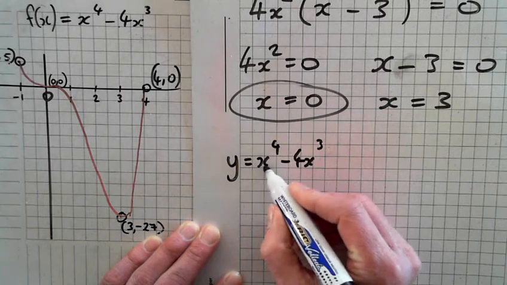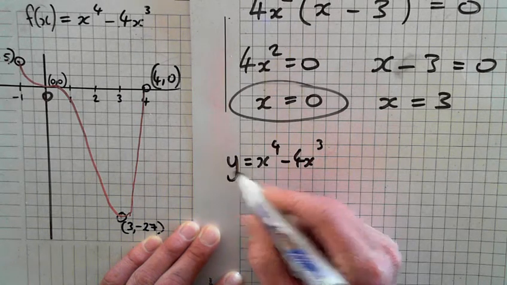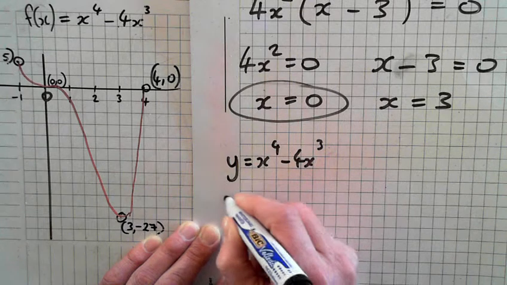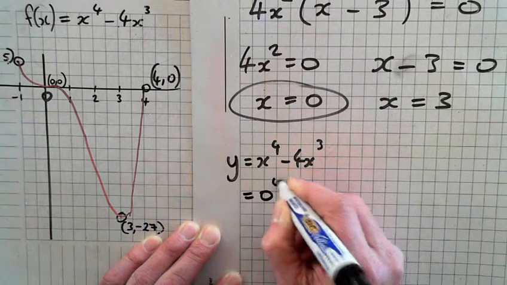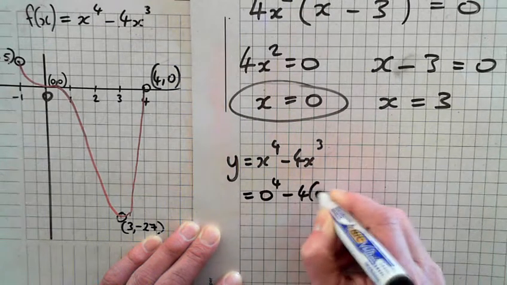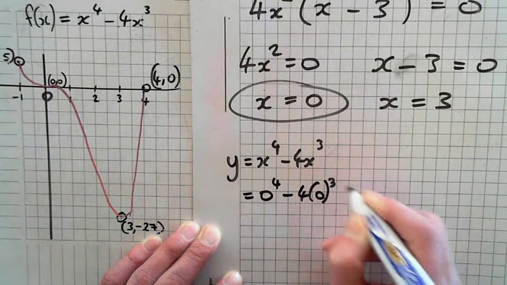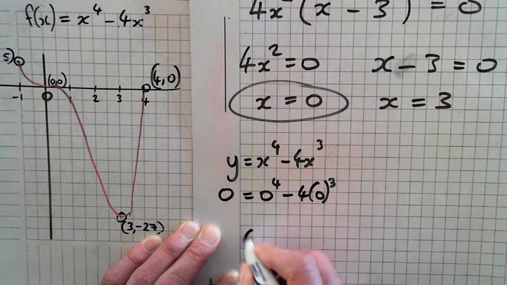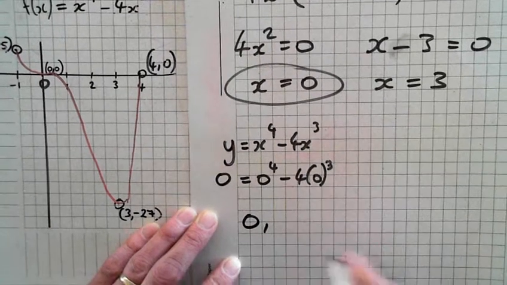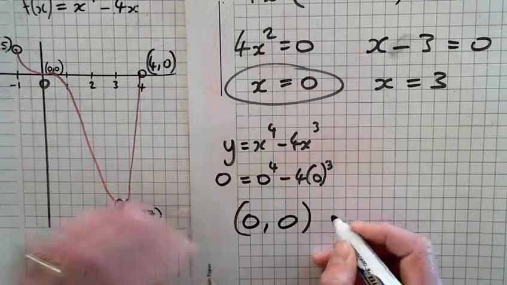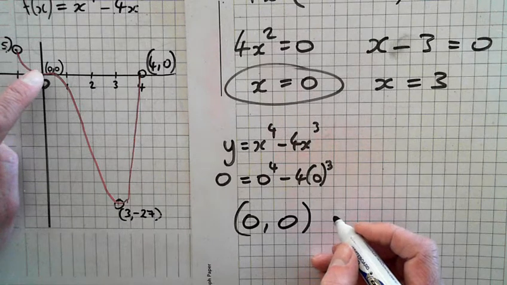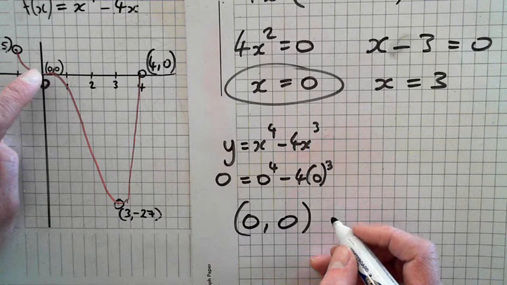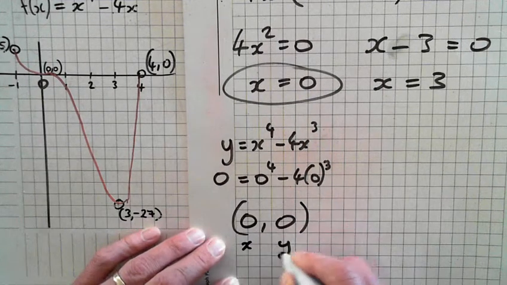If I put x equal to 0 there, what will come out? 0 will come out. So 0 to the power 4 minus 4 times 0 cubed. The answer will be y is 0. So x is 0 and y is 0. Isn't that 0, 0, a turning point? Right? So that's the x and y coordinates.